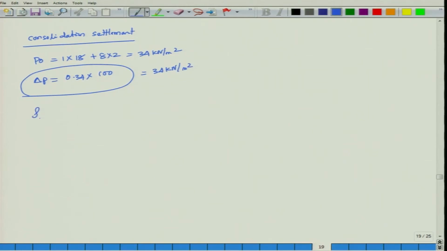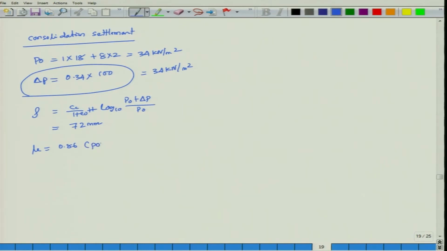So delta is equal to Cc by 1 plus e0 into H, then log10 of P0 plus delta P by P0, which comes out to be 72 mm. Then considering pore water pressure correction, mu is equal to 0.86.